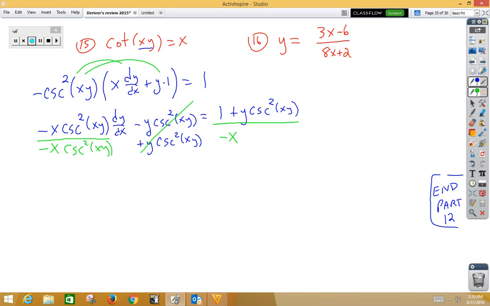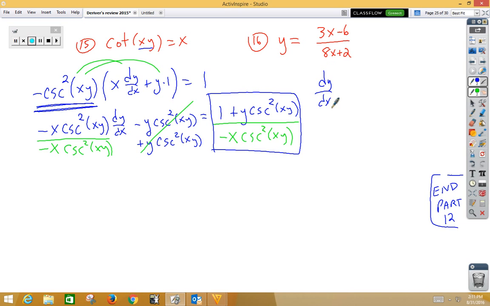Negative x cosecant squared xy. So the reason why we like to distribute this term here is because that creates the common denominator in our finished answer. If we were to divide this term over on the first step, we might have to make a common denominator. In problem 16, we have a basic quotient rule problem.